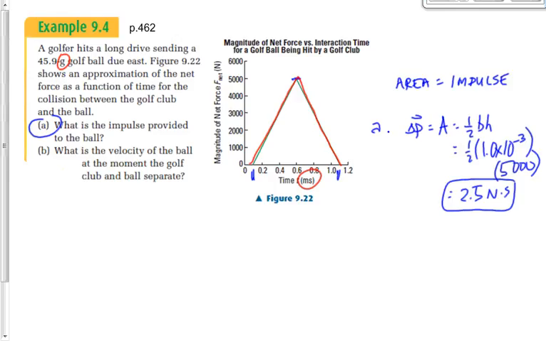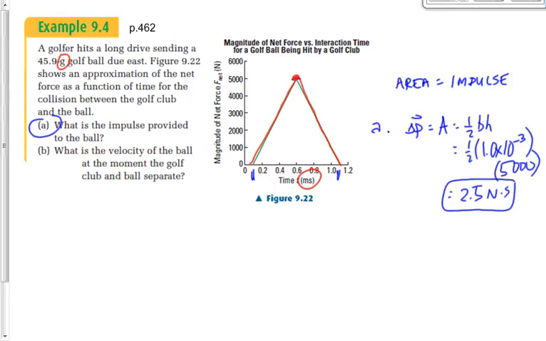So the force gets bigger and bigger until a point when it experiences maximum compression. And then the ball can't compress anymore. So what happens then? The ball starts going back out to its equilibrium, to its normal position. The force decreases. Well, the ball is still in contact with the club. Think of it this way.